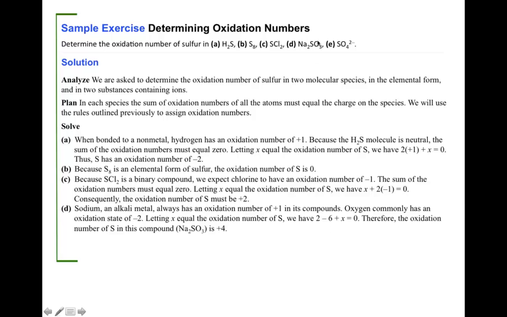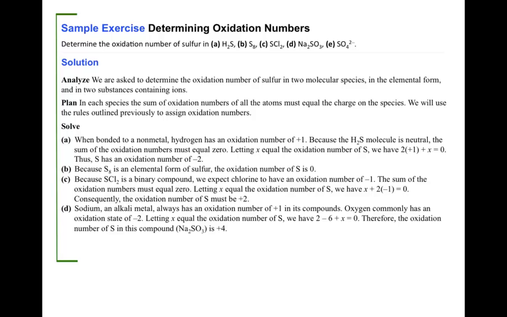So that will be 3 times -2, which is -6. The sodium is +2 because we have 2 sodiums at +1, and X will be the oxidation number of sulfur. So 2 minus 6 is -4, plus X is equal to 0. To rearrange this, we add 4 to each side. That means the sulfur will have an oxidation number of +4.